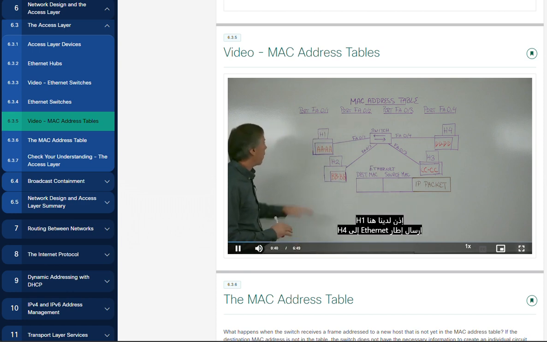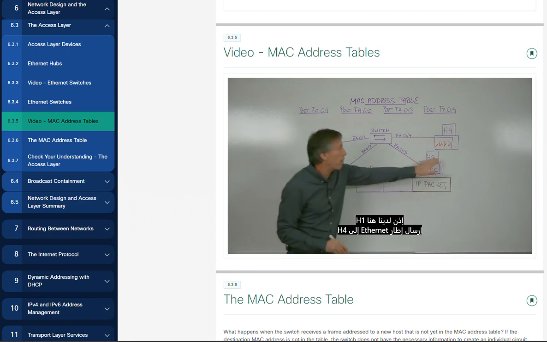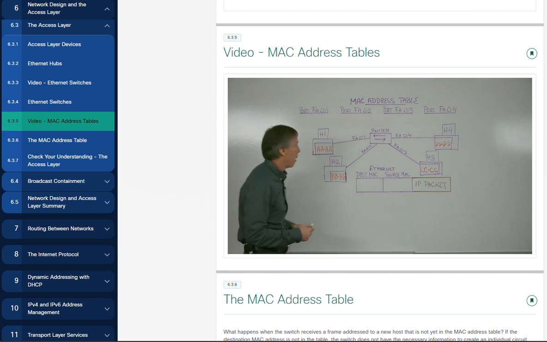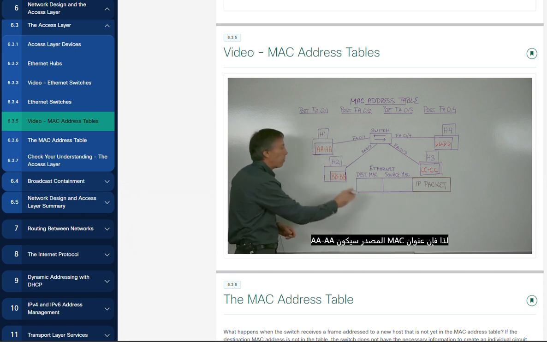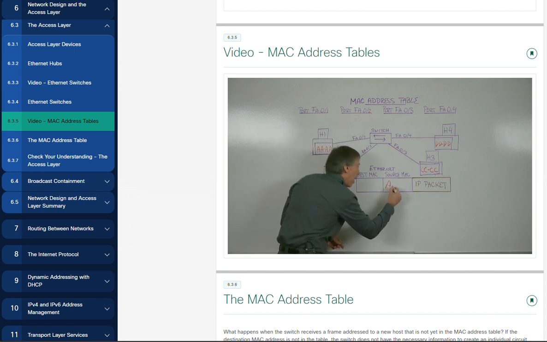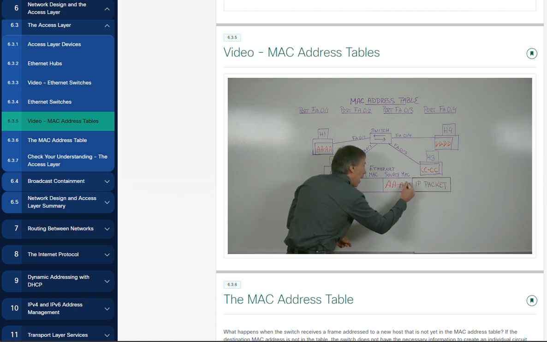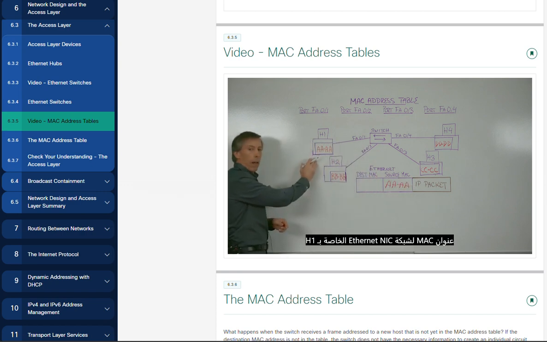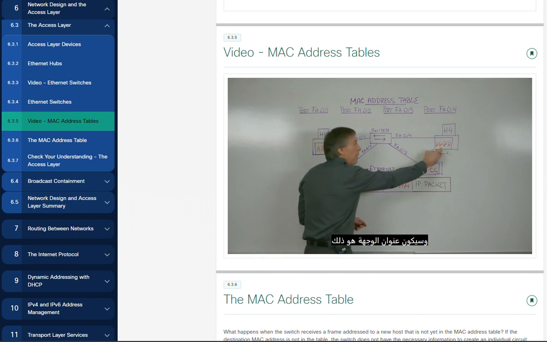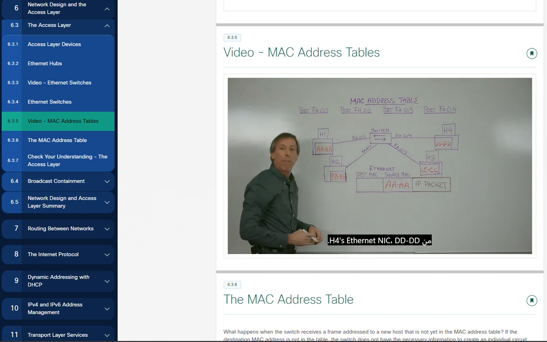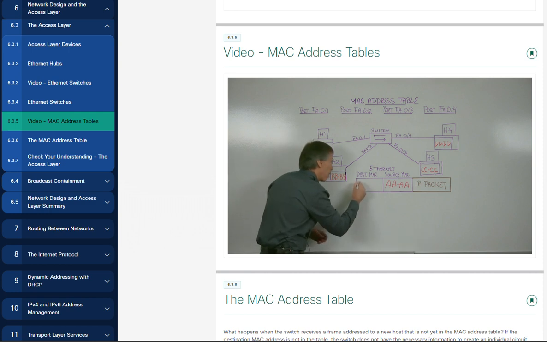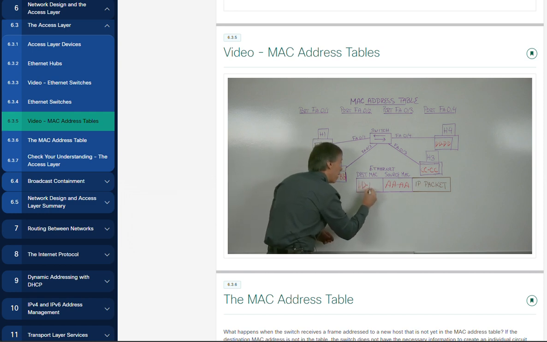So here we're going to have H1 send an Ethernet frame to H4. So the source MAC address will be AAAA, the MAC address of H1's Ethernet NIC, and the destination MAC address will be that of H4's Ethernet NIC, DDDD.